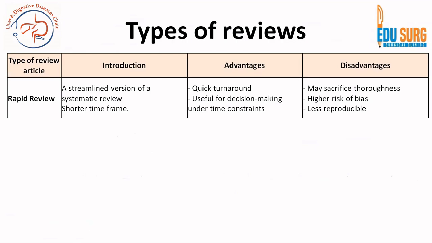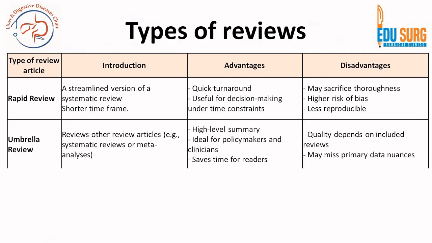Coming to some other less commonly seen review article types, a streamlined version of systematic review in a shorter time frame is a rapid review. It is useful for decision making under time constraint, but it has a higher risk of bias and it has less reproducibility. Umbrella review is a review of other articles such as systematic reviews or meta-analysis.